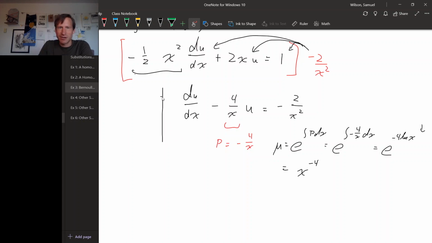So we need to take this equation and multiply both sides by the integrating factor, x to the minus 4th.